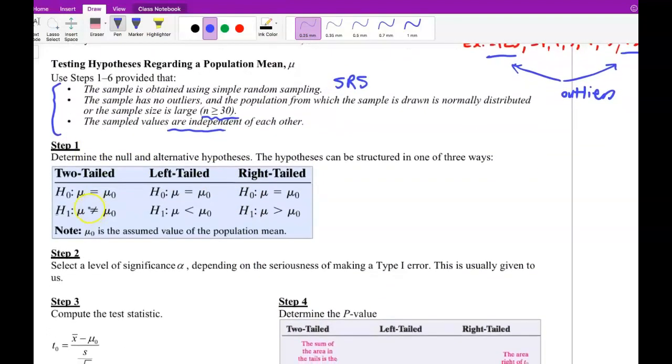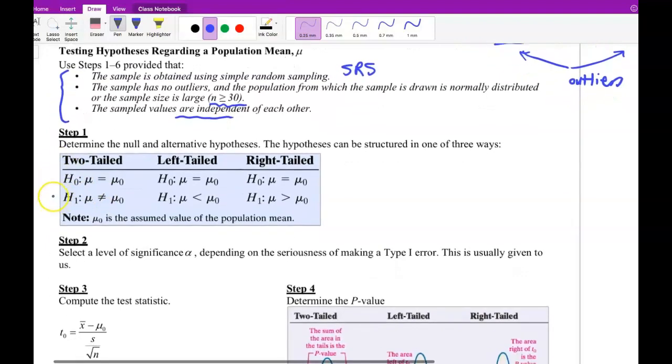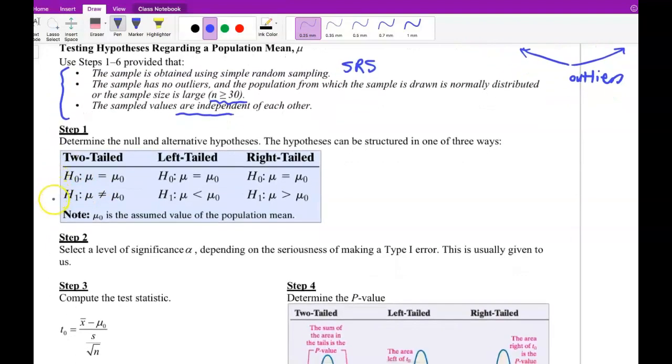Step 1 is finding the null and alternative. So this is the null and this is the alternative hypothesis. Same as before, the first one, mean is equal to. So for all of these, we have equal to: two tail, left tail, and right tail. Same rules for all of these using equality. For alternative, when you have two tail, you always have is not equal to.